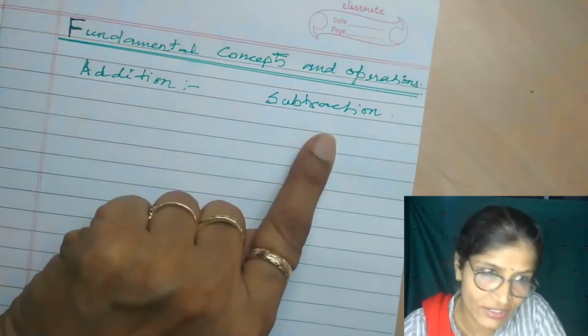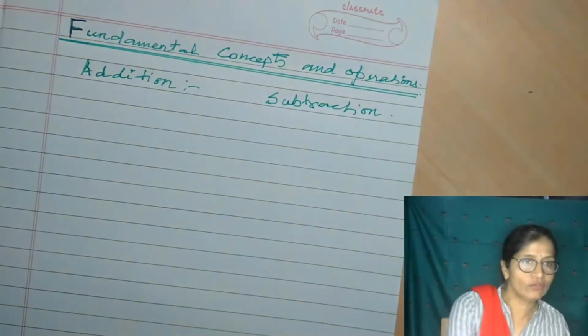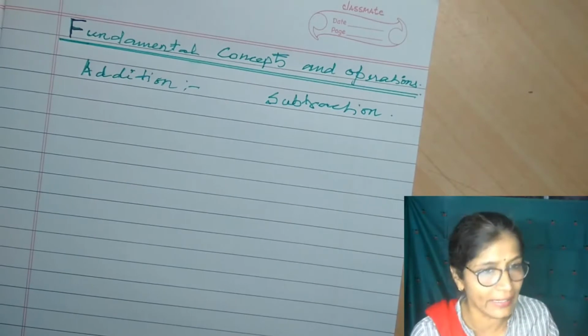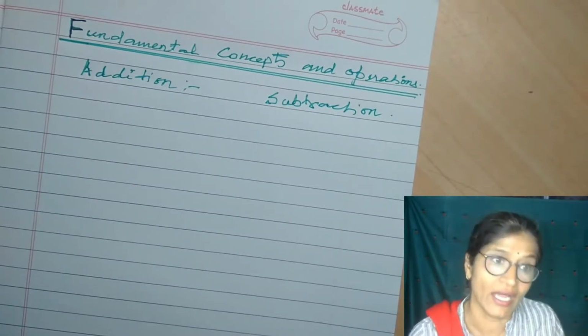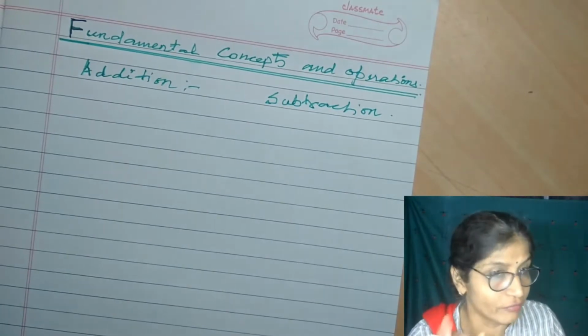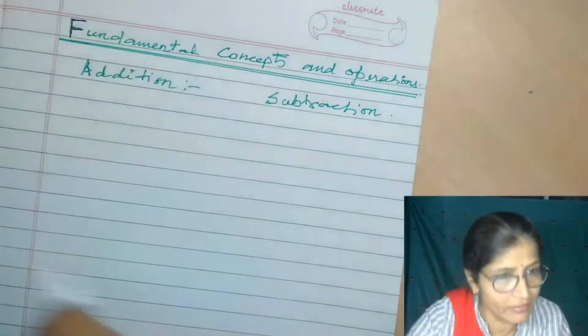First I will collect all the like terms together, and then add the numerical coefficients of those like terms, and then write the like terms.